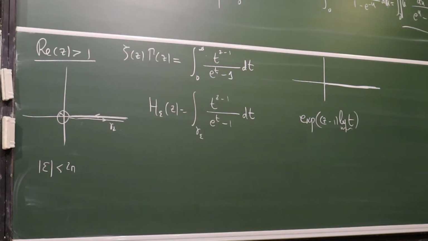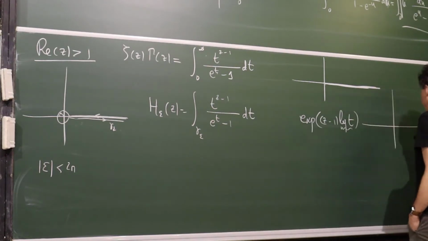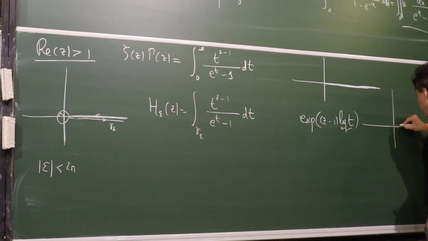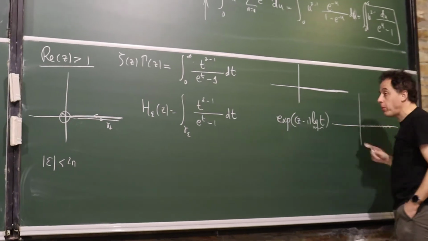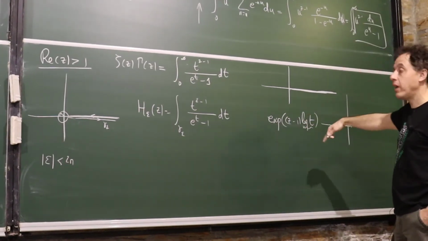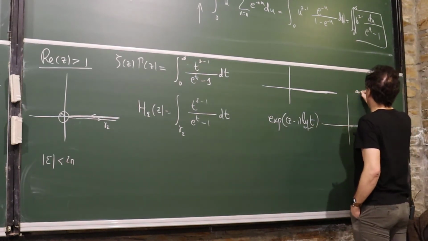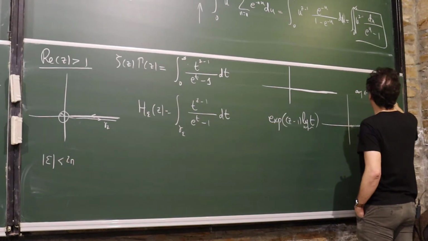For that, we could consider the determination of the logarithm defined here: remove the positive real axis and consider the rest, and take the determination of the logarithm where the argument is between 0 and 2 pi.